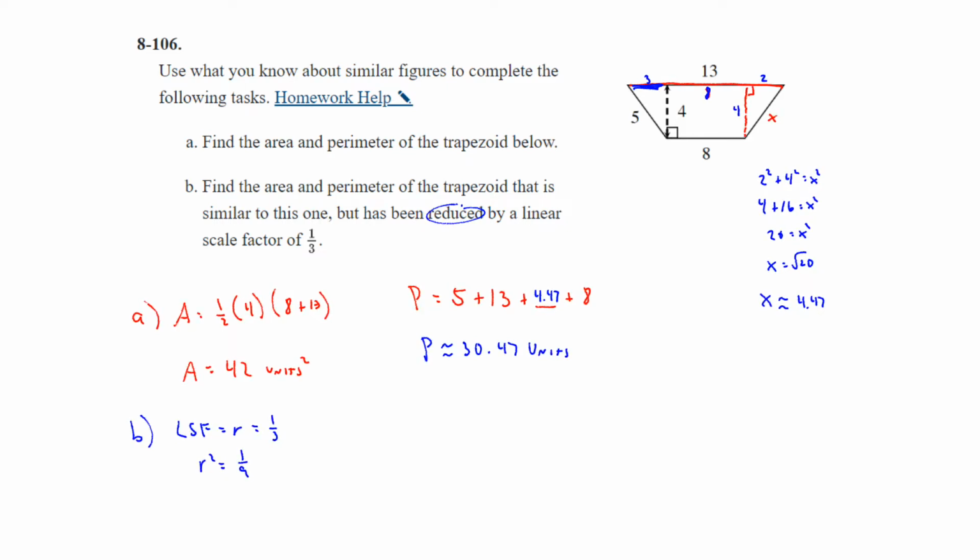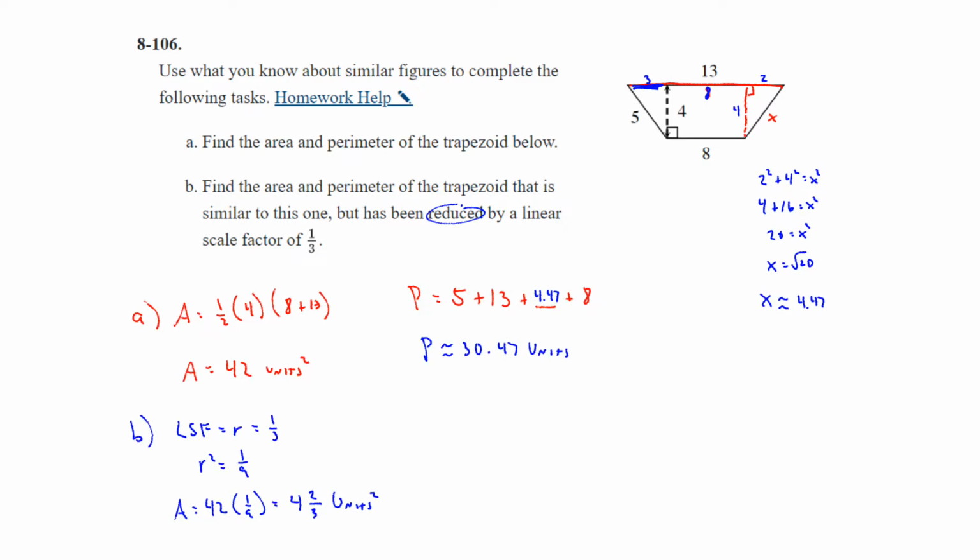So the area of the new one will be 42 times 1/9. And that will give you 4.7 if you want to round it, but it is 0.6 repeating, so that is the fraction 2/3. So we'll do 4 2/3 so we can get the exact answer. 4 2/3 units squared. So that's what the area would be.